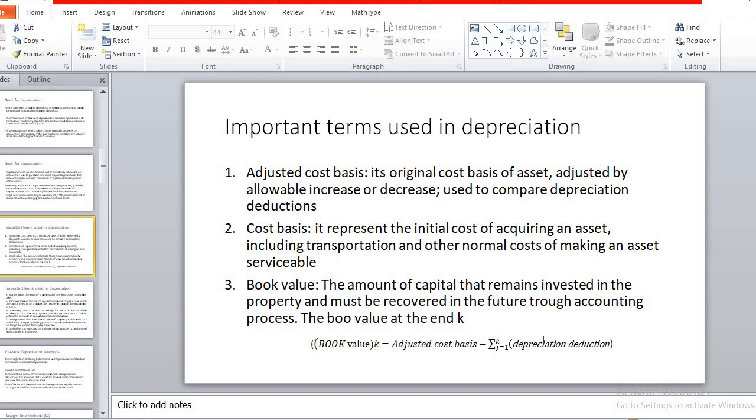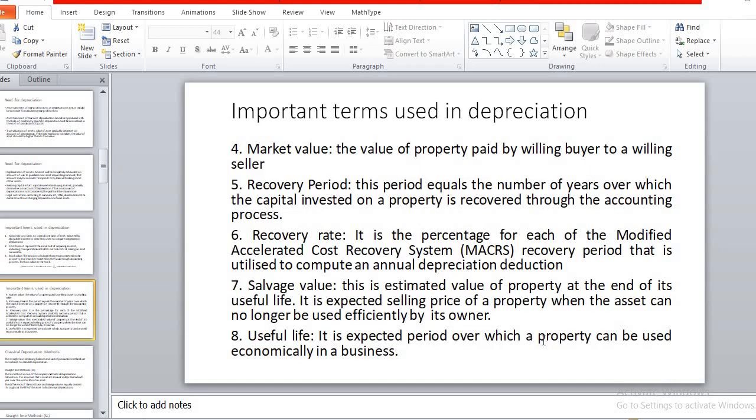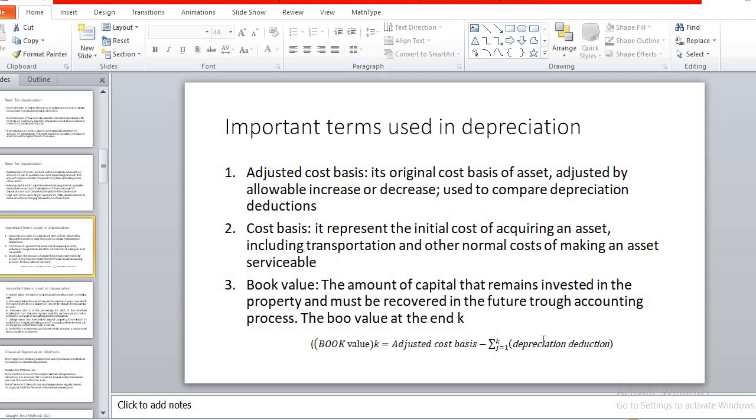The book value at the end of a year K is the adjusted cost basis minus the depreciation deduction. Suppose after 10 years, what is the value of that particular asset?